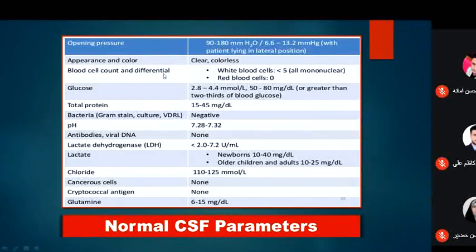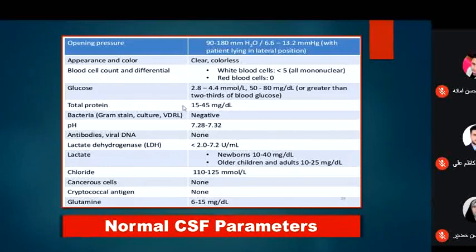It should contain white blood cells less than 5, and all are lymphocytes. The presence of one neutrophil is abnormal and indicates infection, and ideally it should not contain any red blood cells. So that's why it is clear and colorless.